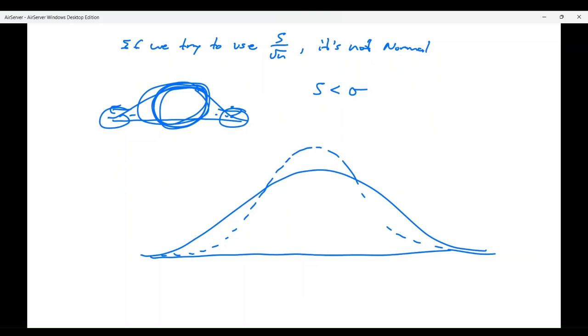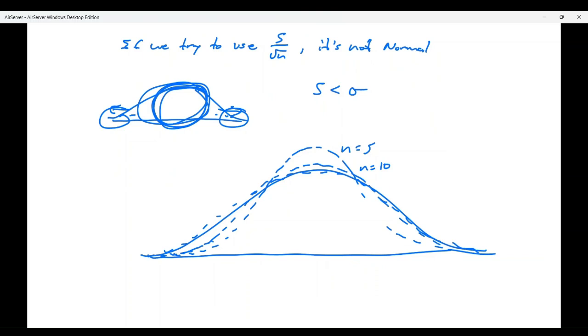So this might be for a sample size of, let's say, 5. If I take a sample size of 10, I'm going to expect that it's going to look something more like this, where this is now n equals 10. And as I make my sample size larger and larger, I'm going to get closer and closer to something that is or is close to normal.